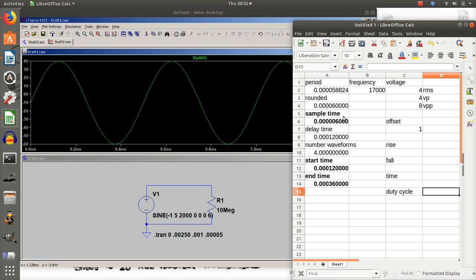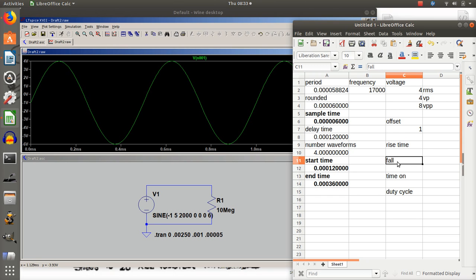Your duty cycle is your whole period. Okay, if you want a symmetrical waveform, your time on has to be half of your duty cycle. But with a square wave, you also have to go in and put in a fixed rise and fall time. So I'm going to say rise time and fall time.